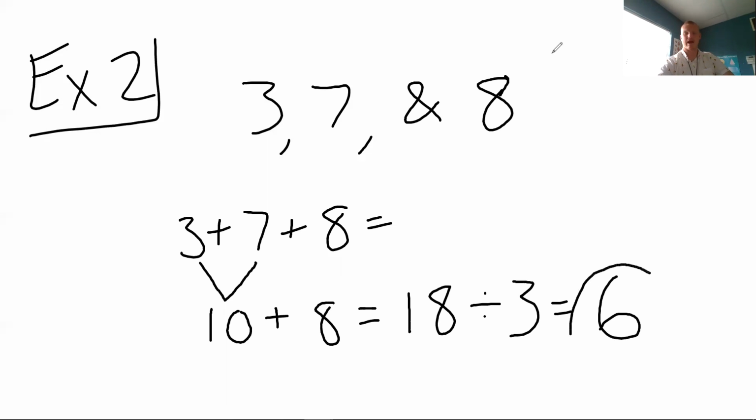So our average, or mean, of 3, 7, and 8 is going to be 6. I did have a mean, median, and mode poster, but it fell. It was right in that spot. I don't even know where it went. Oh well.